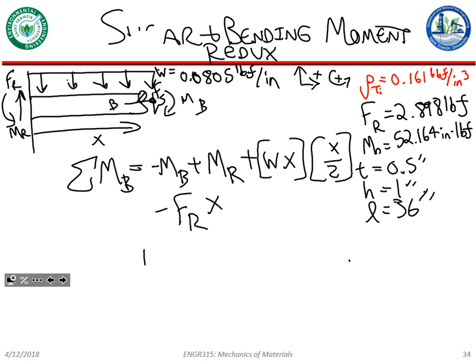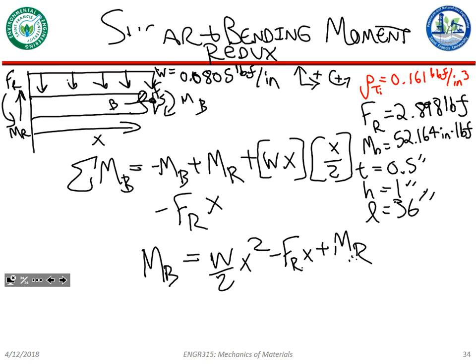And if you work out the algebra, you get this really wild solution that is a quadratic. Before, bending moment was always linear because the shear loads were always piecewise constant. Now that the shear loads become a linear equation, it means that bending moment is now quadratic, second order.